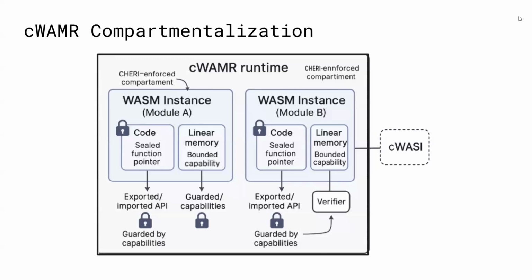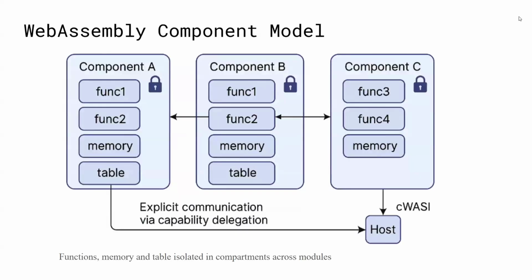So overall, this is how the WAMR runtime will now look. You will have multiple compartmentalized modules. Each of them has its memories bound by capabilities, and how they interact is through the exported APIs. You can have a verifier, which will do your attestation part of it. And then you have a capability bound WASI for all these external interfaces like the sockets and file access, again bounded by capabilities. This way, we have started looking into the WebAssembly component model. So you can distribute your modules across different compartments.